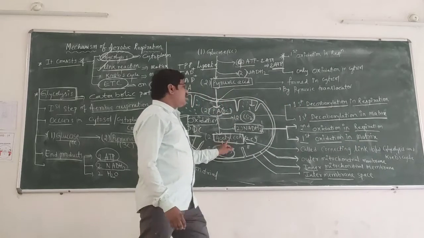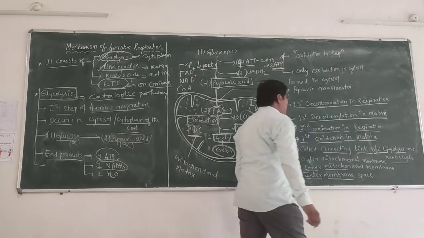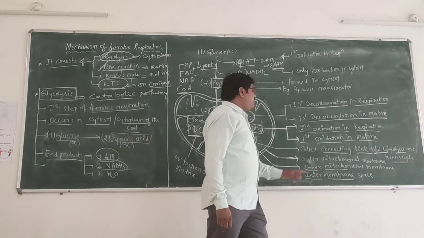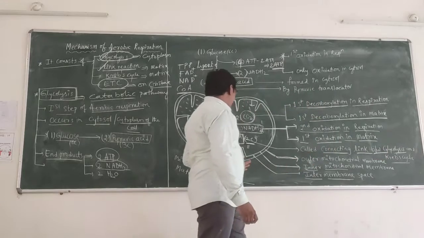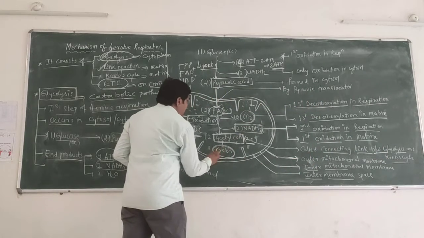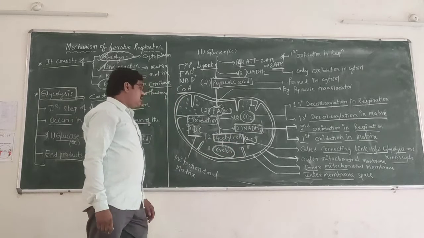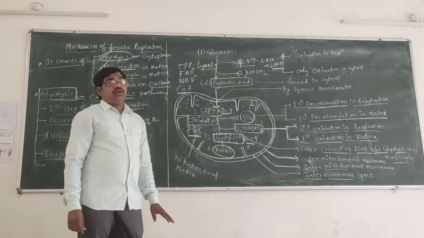Acetyl-CoA is also called the connecting link between glycolysis and the Krebs cycle. In the mitochondrial matrix, acetyl-CoA undergoes the Krebs cycle, which also takes place in the mitochondrial matrix.